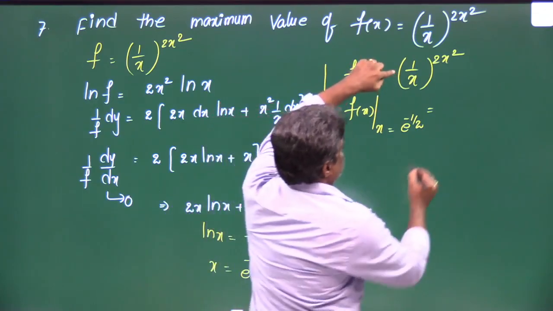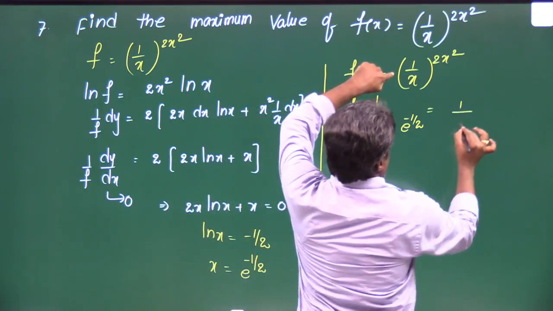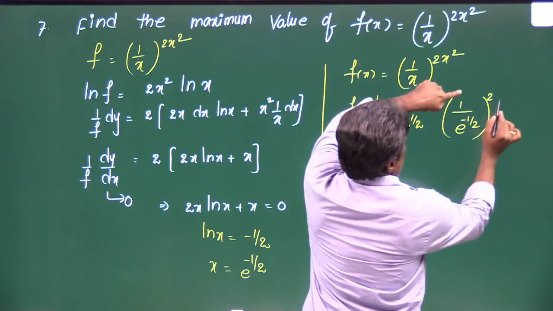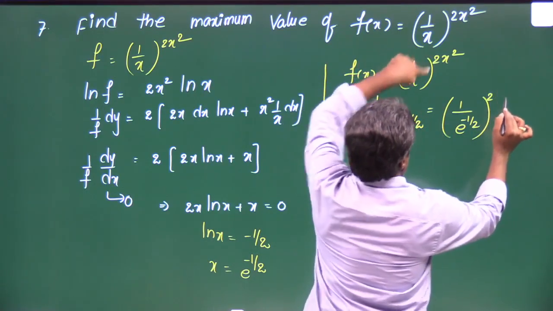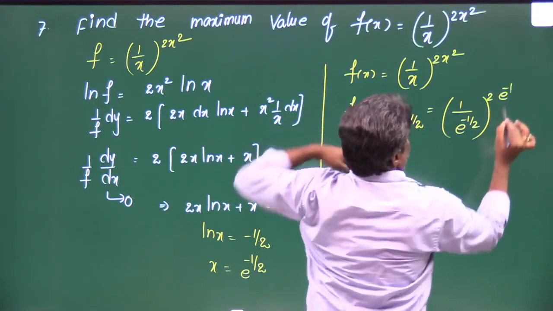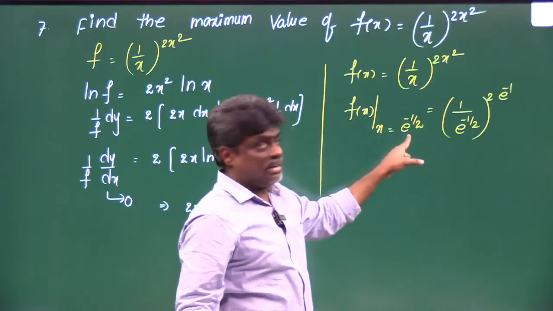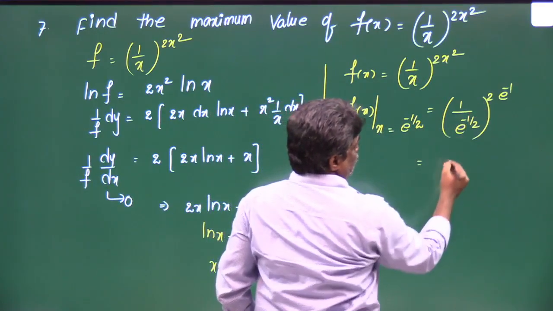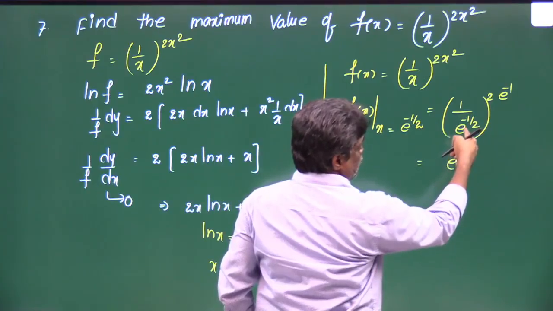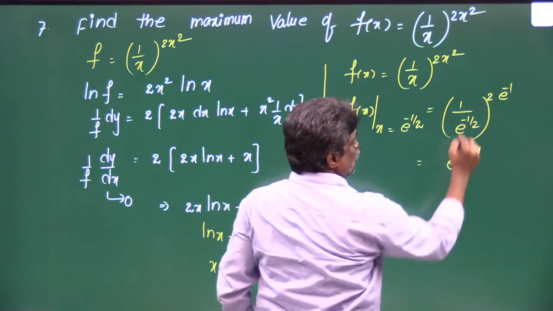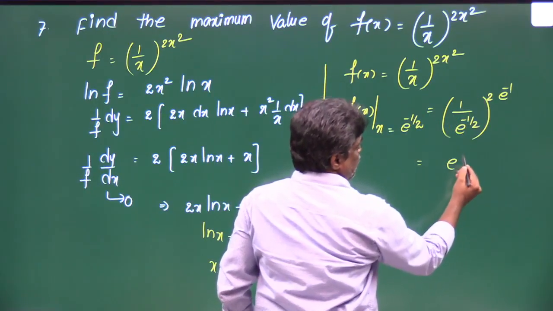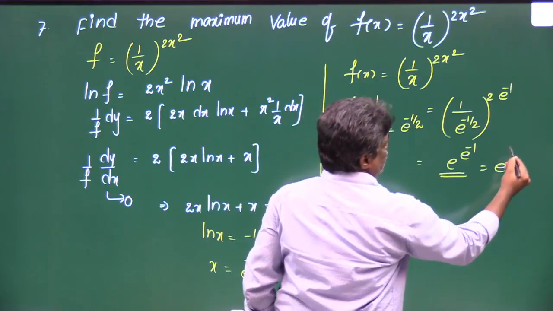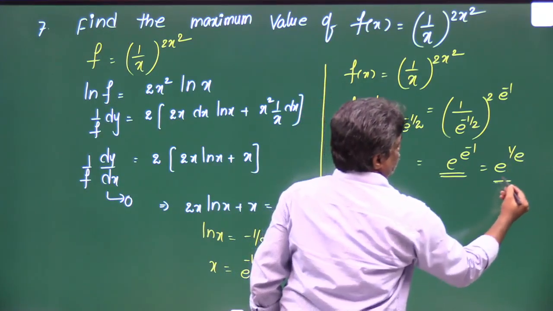So please take this and substitute: 1 by e raised to minus 1 by 2 whole power 2, and here again x square, that is e raised to minus 1, because x is e raised to minus 1 by 2. I think this can be written as e power 1 by 2, and again whole square is there. That's why it is e raised to e power minus 1, or we can say e raised to 1 by e.